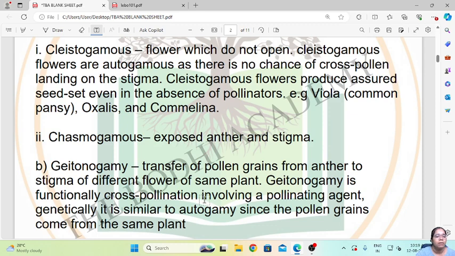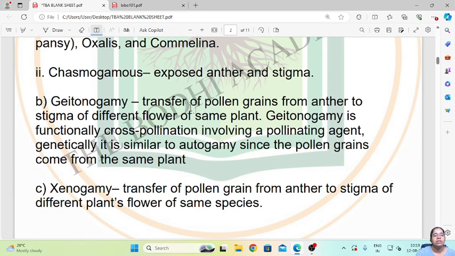So the next type of pollination is geitonogamy. Geitonogamy is the transfer of pollen grains from the anther to the stigma of a different flower of the same plant. So here what happens is the pollen grain from one flower will get settled on the stigma of another flower on the same plant.